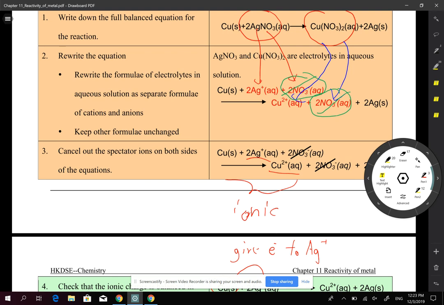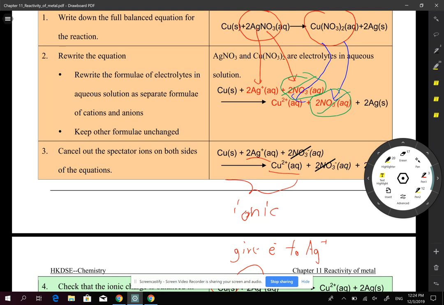The reaction is zinc plus how many hydrogen ions? 2 hydrogen ions will form zinc 2 plus and H2. Do you think the ionic equation is much simpler than the original equation? And do you understand what exactly happened?